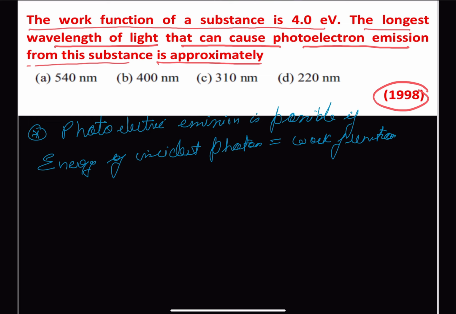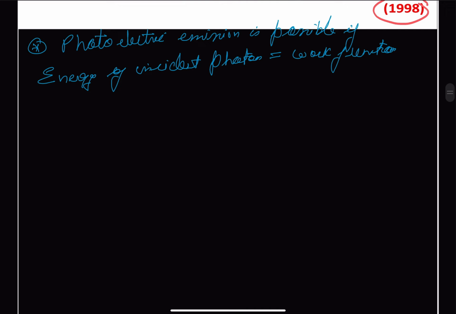Or in terms of the formula, we can write that our energy is at least equal to the work function, which will be giving us hc upon lambda. And we have to find out the lambda max.